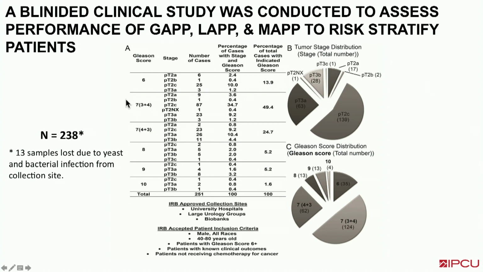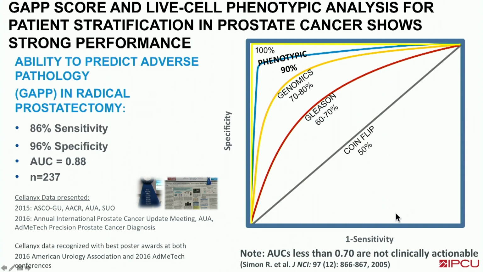And here you can see we had mostly Gleason 6 and 7s, 3+4s and 4+3s. We did have some higher grade cancers, but the majority of this was really to try to differentiate, can we separate the Gleason 6s and the Gleason 7s? Because the 7s are starting to be the significant tumors that we really want to treat.